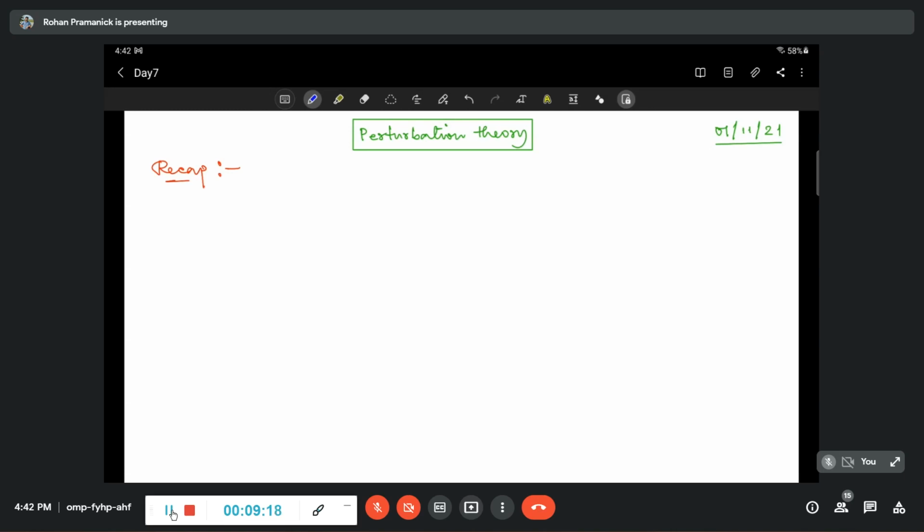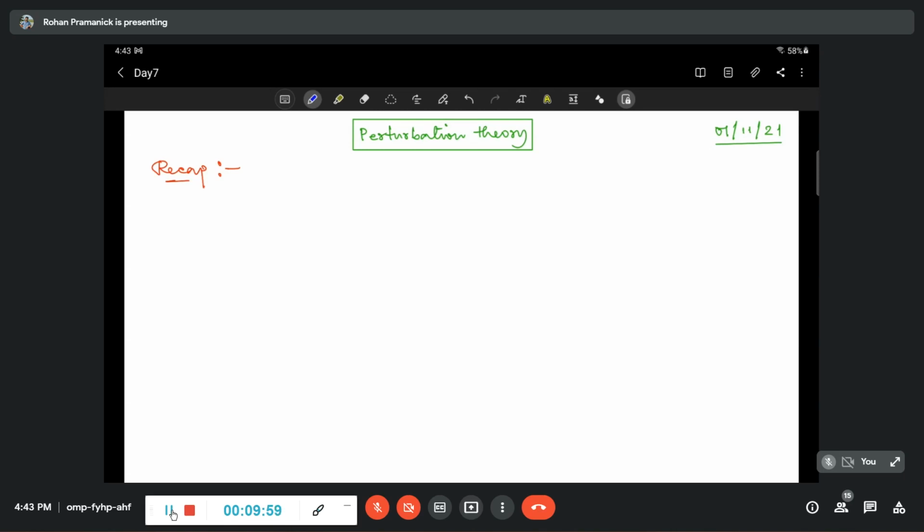If not, that is also okay, but it will be easier for me to describe if it is done. Can any of you please say whether it is done or not? The full set of eigenfunctions for the harmonic oscillator potential. Yes, sir. So that was done, right?